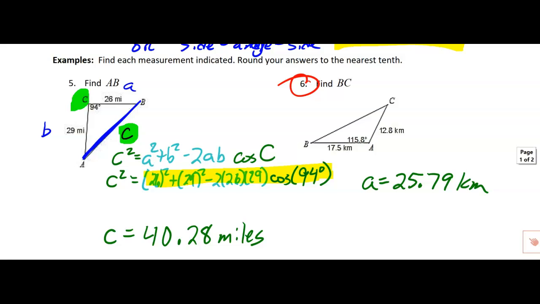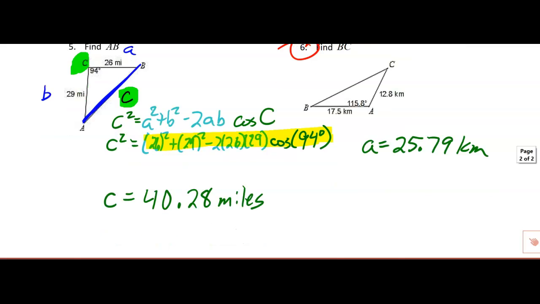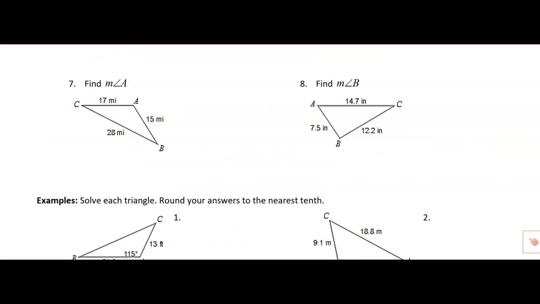Okay, the other type is a lot harder, and that is the type where we have 3 sides and no angles, okay? So we're on number 7. Number 7. Okay, and it's saying I want A. So I want this.